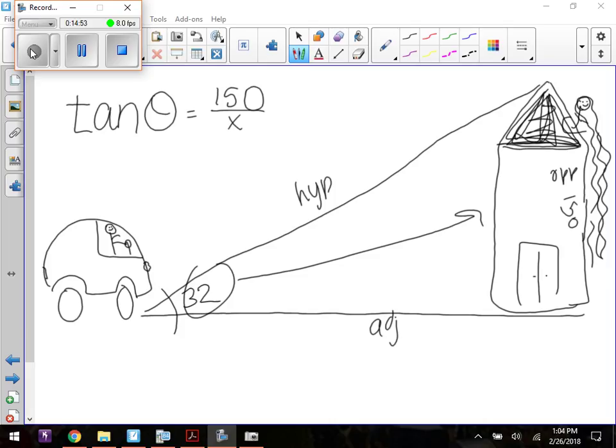Well, what's theta in this case? So what is x? Show me what you're going to write. Where's the unknown?